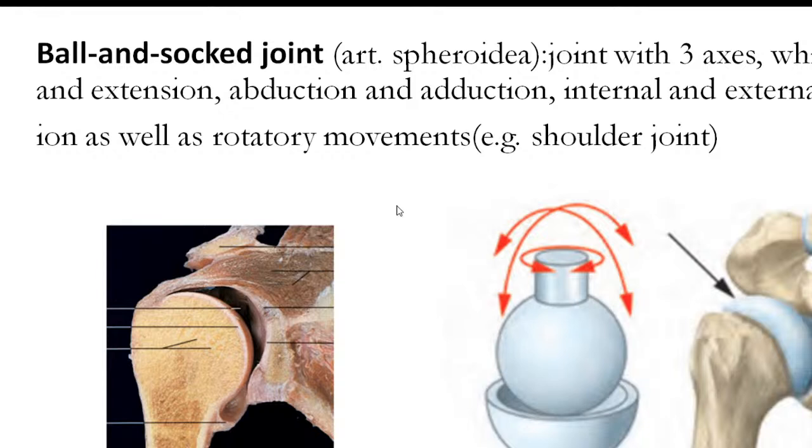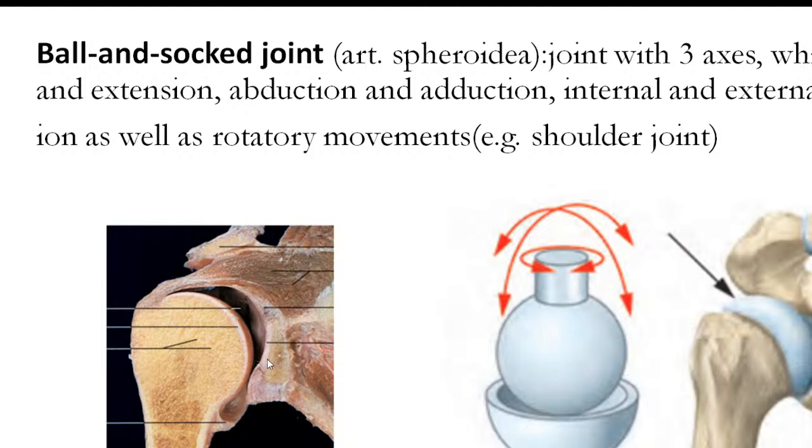Ball and socket joint, articulatio spheroidea, a joint with three axes, which allows flexion and extension, abduction, adduction, internal and external rotation, as well as rotatory movements. For example, the shoulder joint. This is a simple joint.